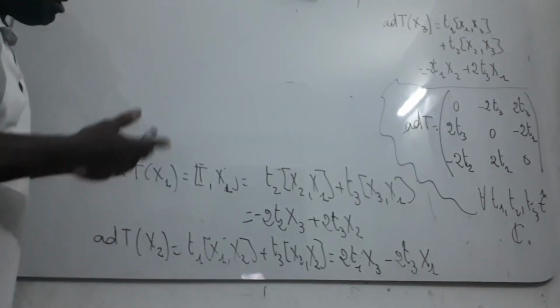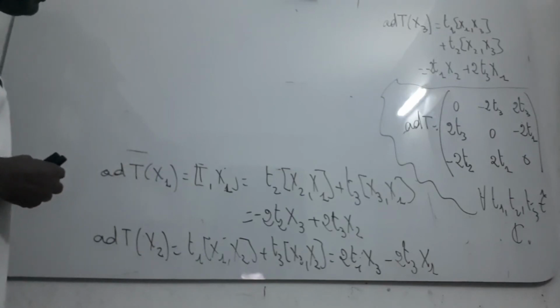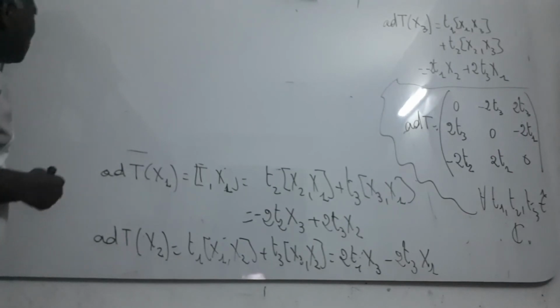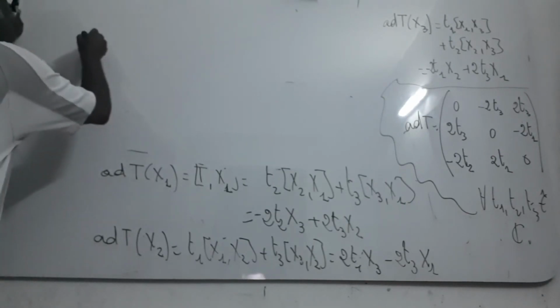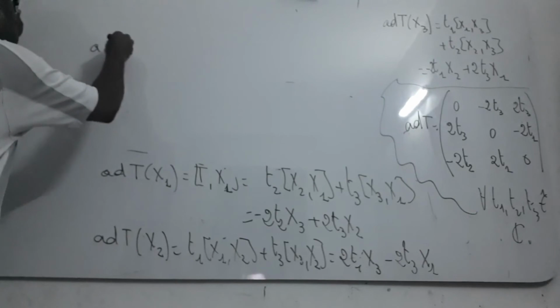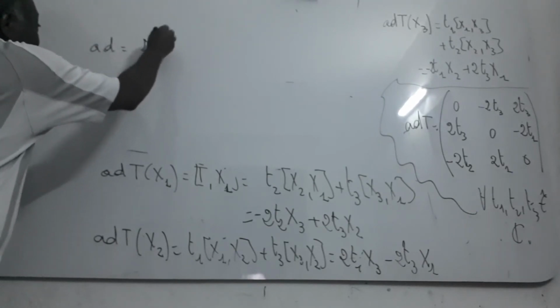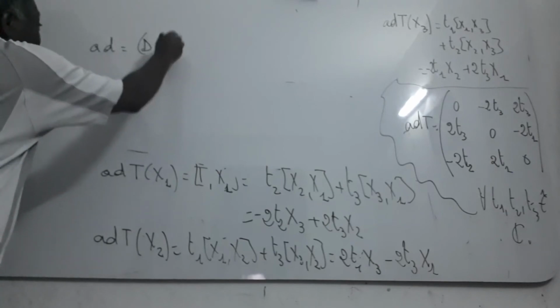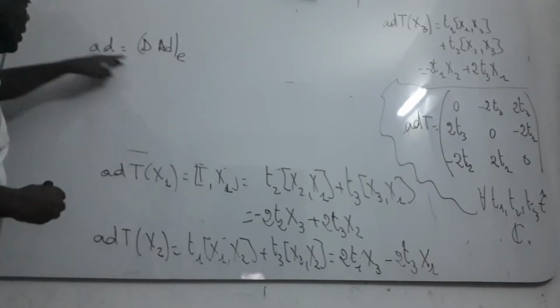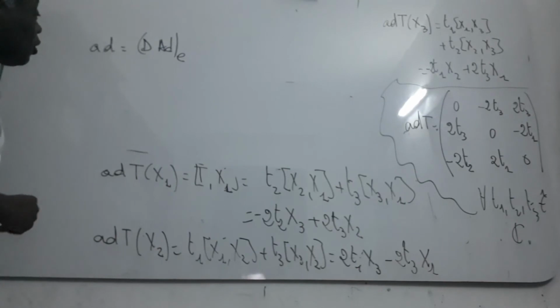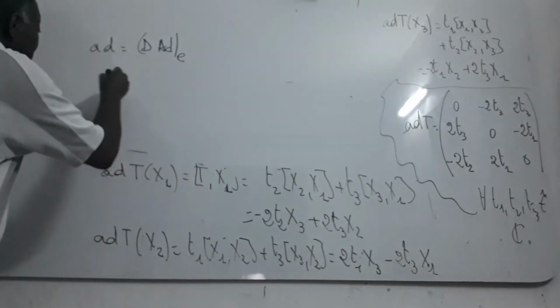And you have already the adjoint representation. Then you know already, you proved it already, that this adjoint representation is just the derivative at e of the adjoint of your group.